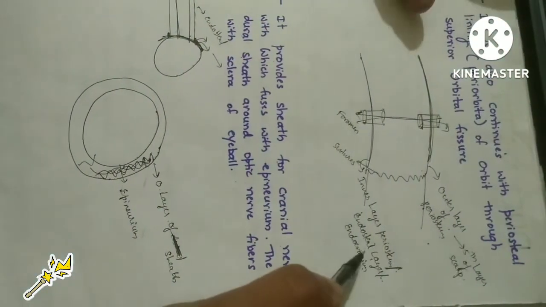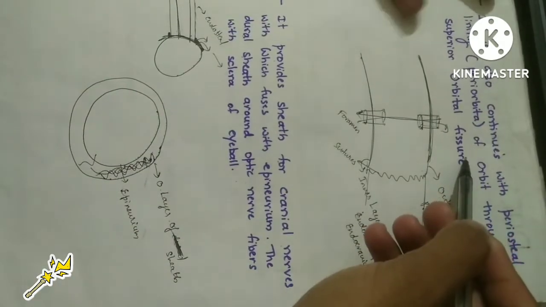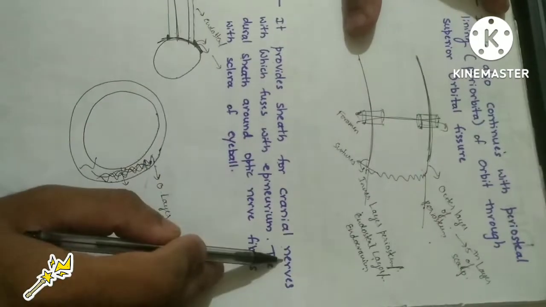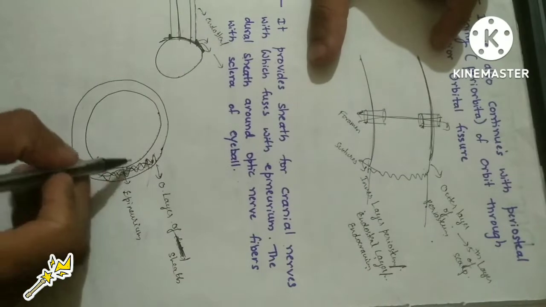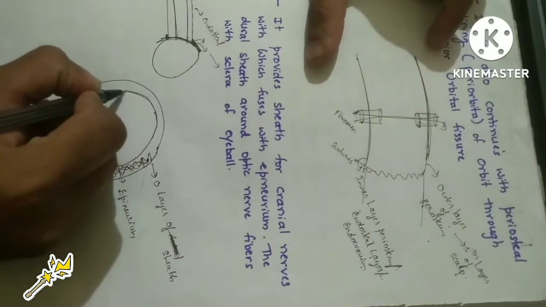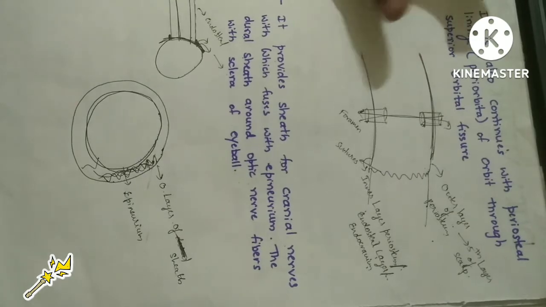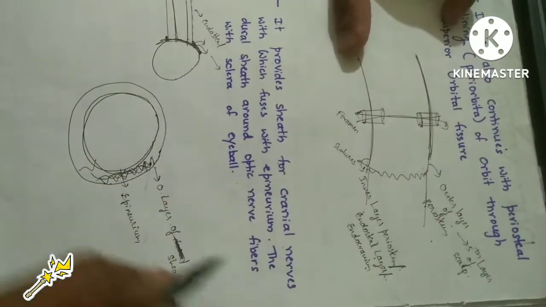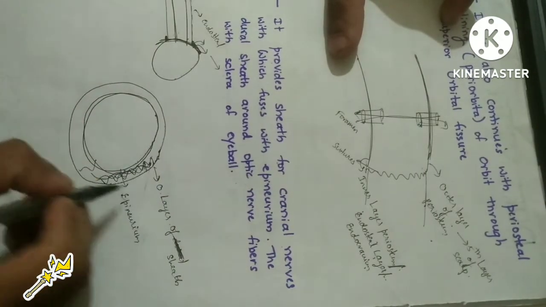So this endosteal layer communicates with the periorbita through the superior orbital fissure. The next thing is that it provides a sheath for the cranial nerves, which fuses with the epineurium. Suppose this is the epineurium, which forms the outer covering of the nerve. The endosteal layer forms a sheath around the epineurium.